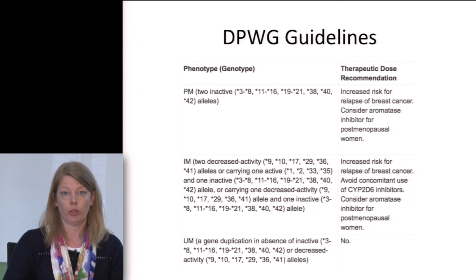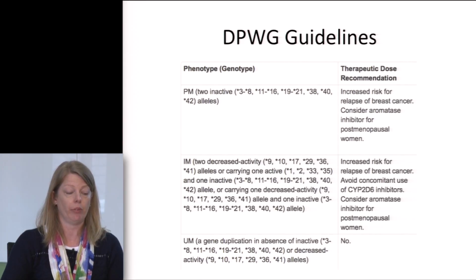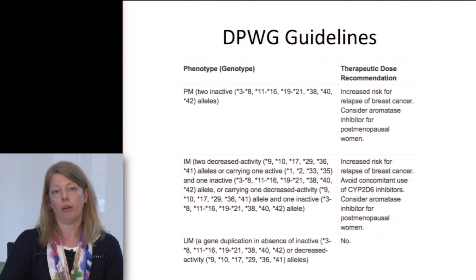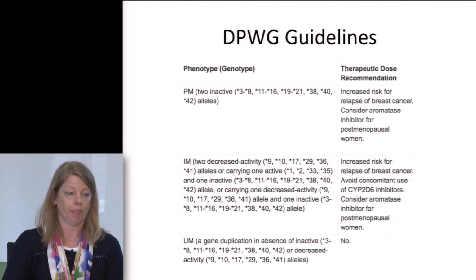So they're at increased risk for a relapse, and so they recommend prescribing this other drug as well. They have no recommendations for what to do for an ultra-rapid metabolizer at this time.